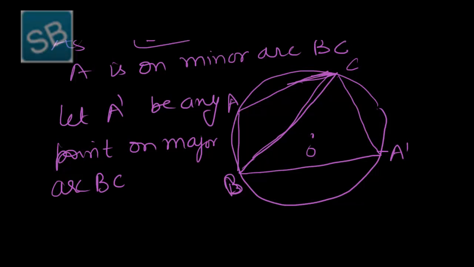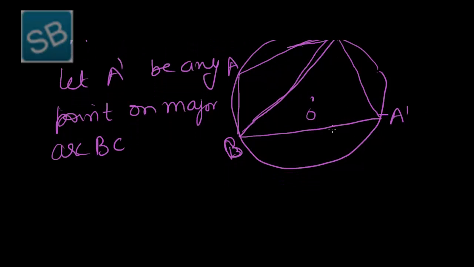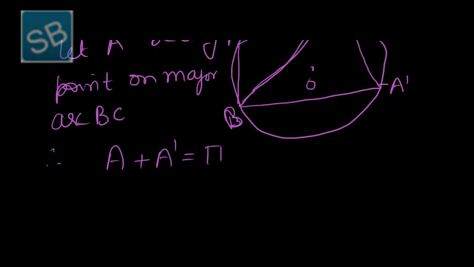Now, as we know, in a cyclic quadrilateral the sum of opposite angles is pi. Therefore, the measure of angle A plus A dash is pi, that is 180, not pi by 2, because the sum of angles of a quadrilateral is 360. So in a cyclic quadrilateral, the sum of opposite angles is pi.